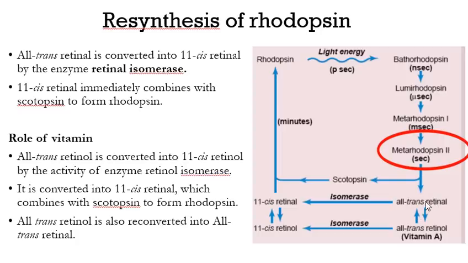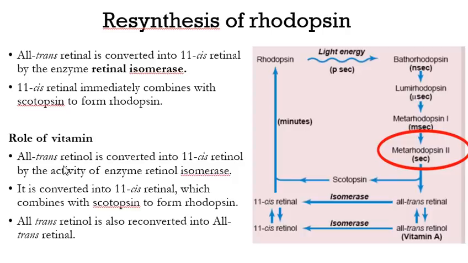All-trans retinal can also change into all-trans retinol. And with isomerase, it is turned into 11-cis retinol. And this, together with scotopsin, gives us back our rhodopsin. This is all done in minutes. And once they're bleached, they can be reused.